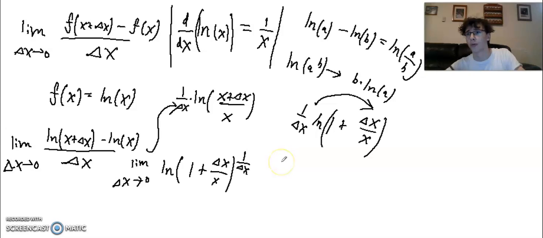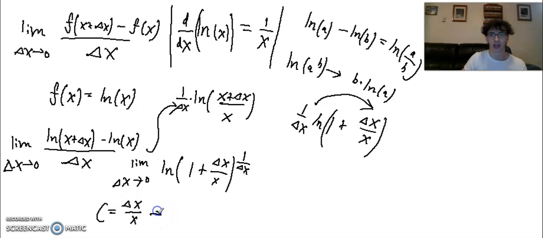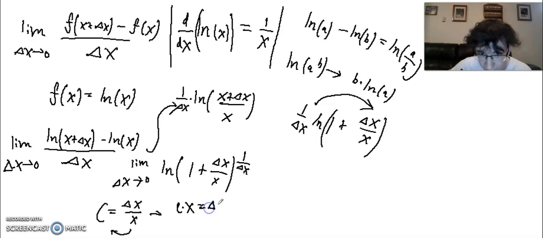But we're going to do one more step. We're just going to rewrite the terms a little bit. Let's say C equals delta x over x. And if we have that, then if we multiply x over, C times x equals delta x.